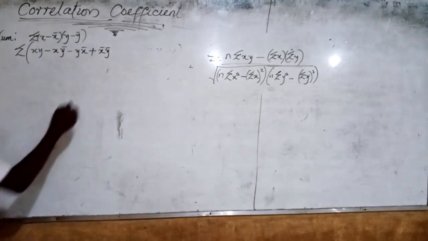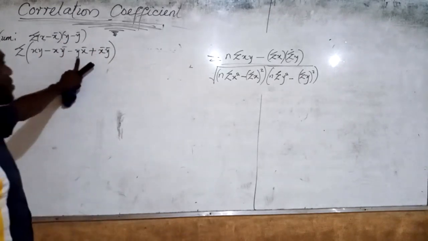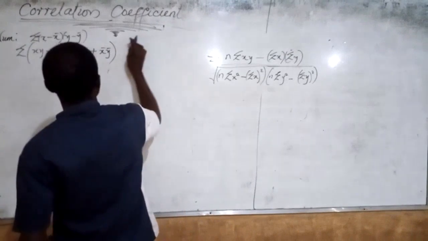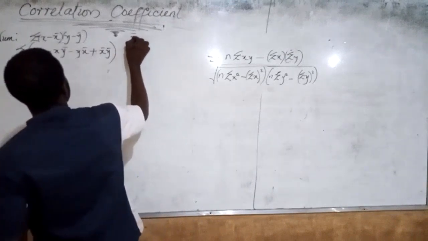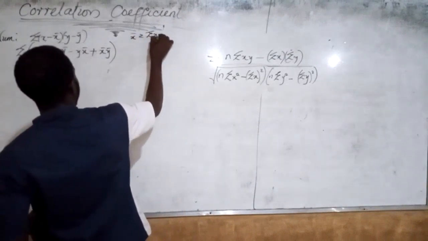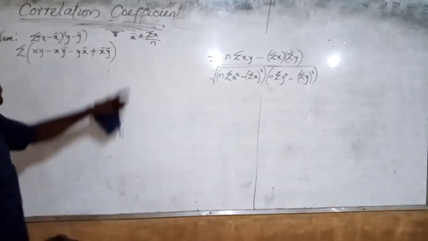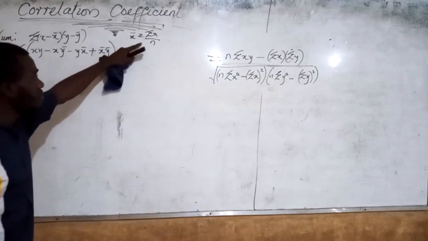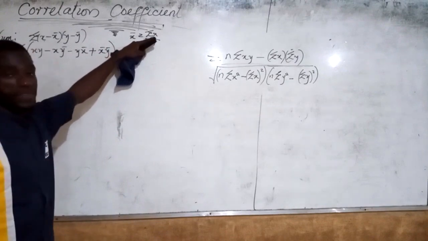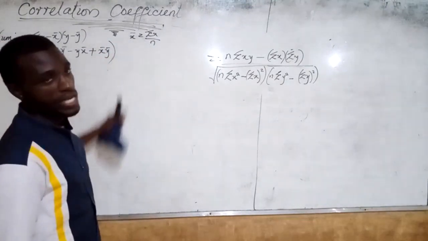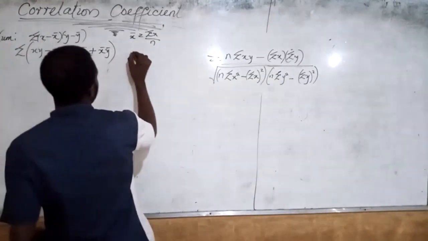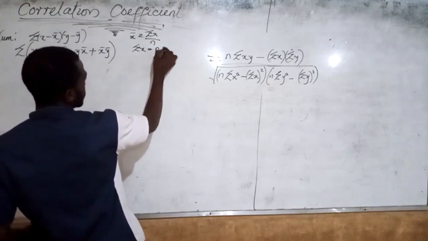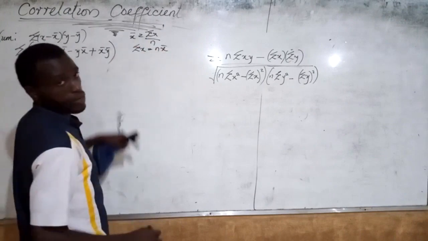Before we continue, we should have a few things at the back of our mind. We know that x bar is summation x over n. You remember what mean actually means: the summation of all the observations over how many observations you have. So from here we can derive that summation of x is equal to n x bar, by cross multiplication.